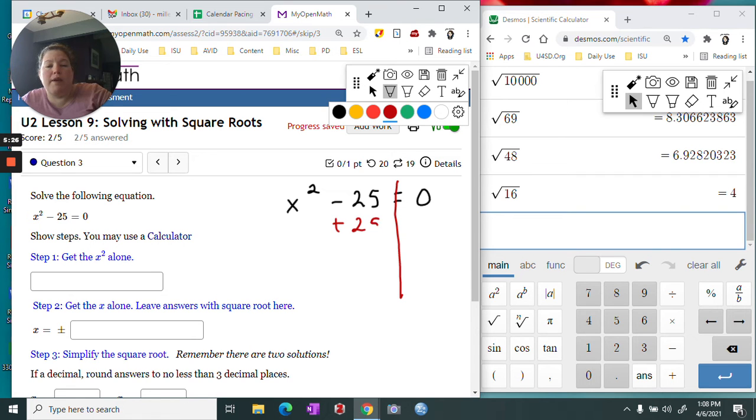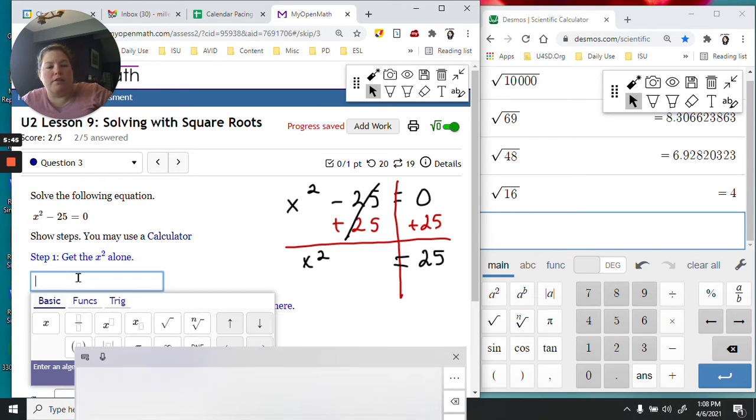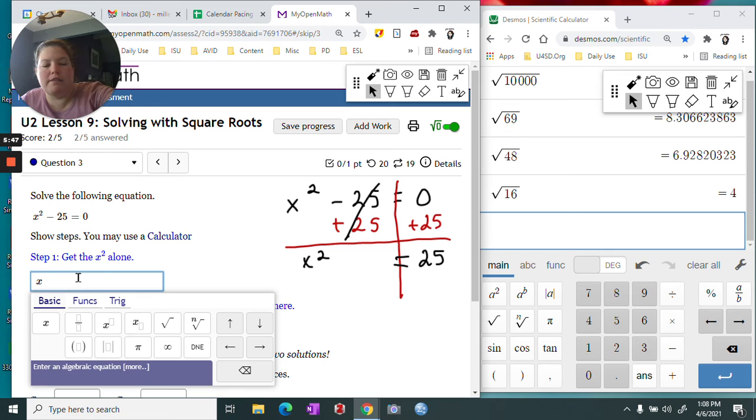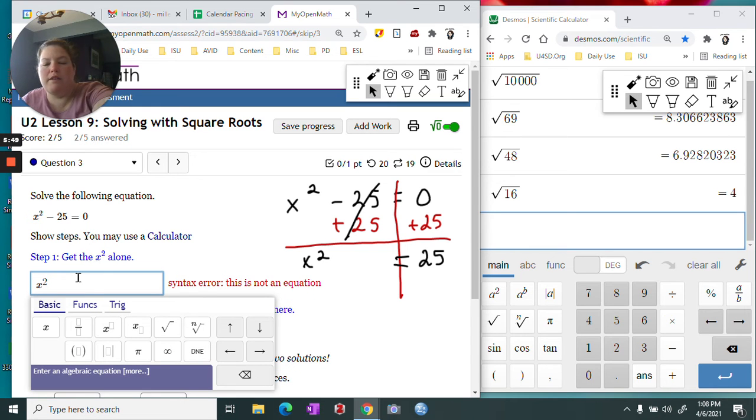We're going to add that value to both sides. So that leaves me with my x squared. My 25s are eliminated, and I have positive 25 over here. So my x squared here is alone now, so I can say x squared equals 25.